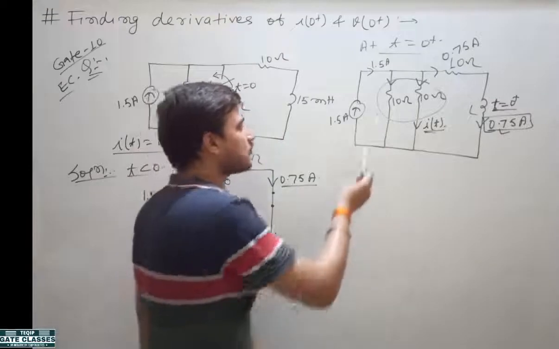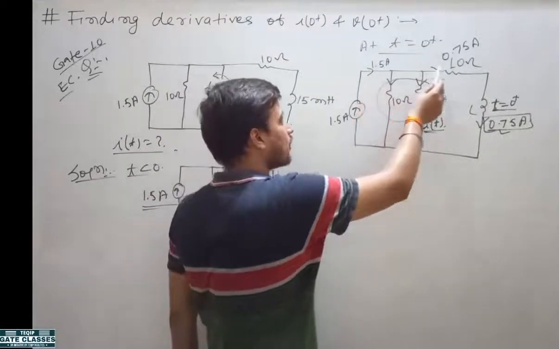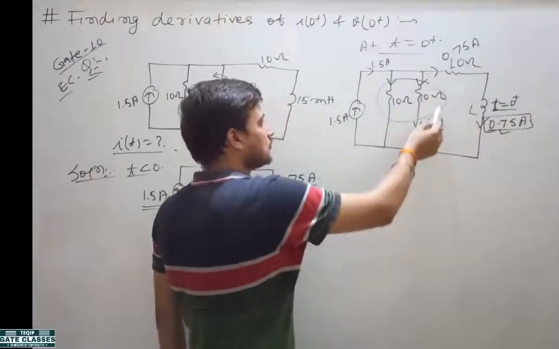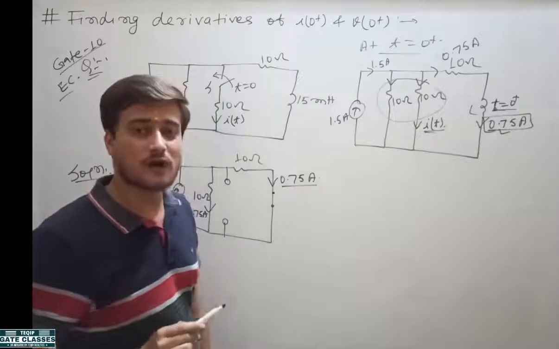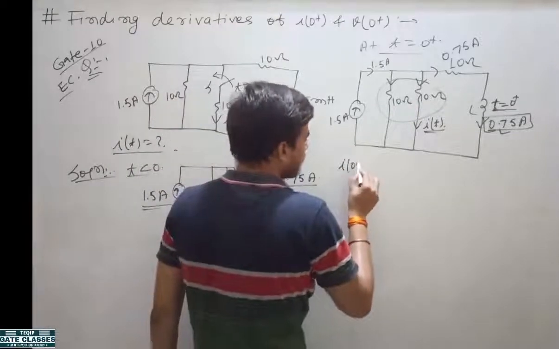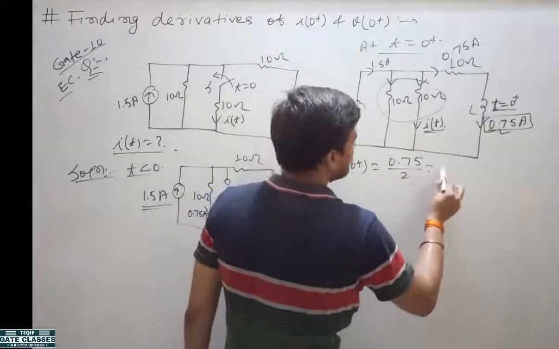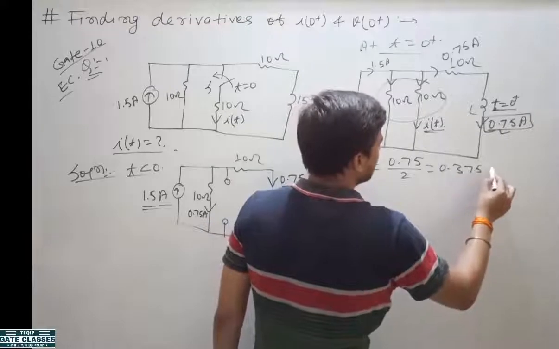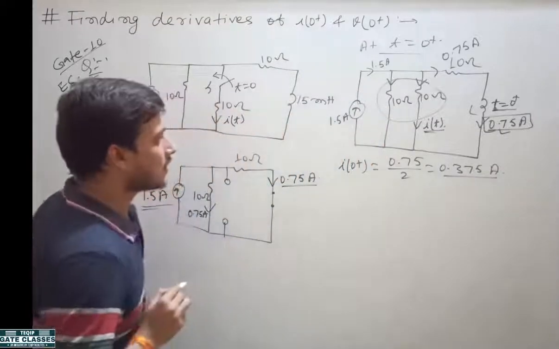So the sum of these two branch currents will be equal to 0.75 ampere. So I0 plus will be 0.75 divided by 2, that means 0.375 ampere. Clear?